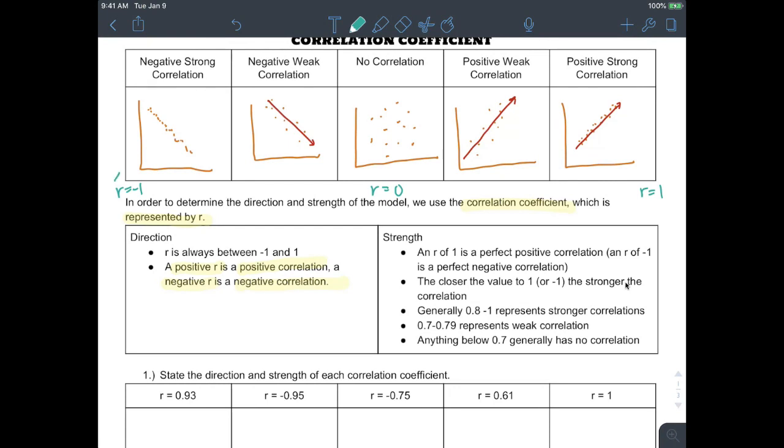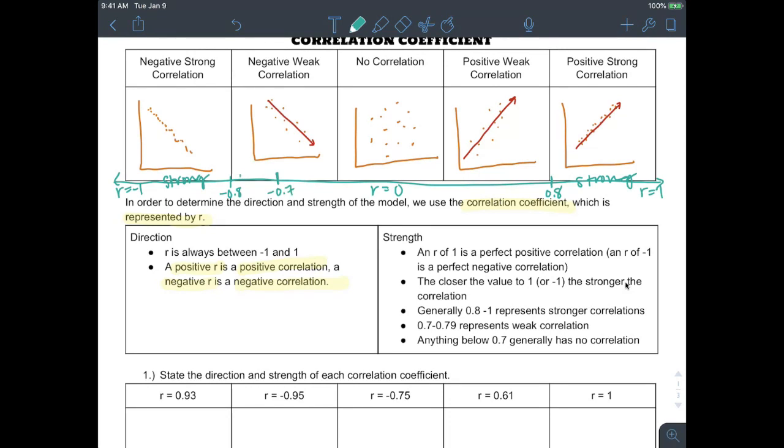So if I make a number line here, a strong positive correlation would be an R value that is between 0.8 to 1, and also from -0.8 to -1 is a strong correlation. A weak correlation would be from 0.7 to 0.8, I know this is not exactly perfect.